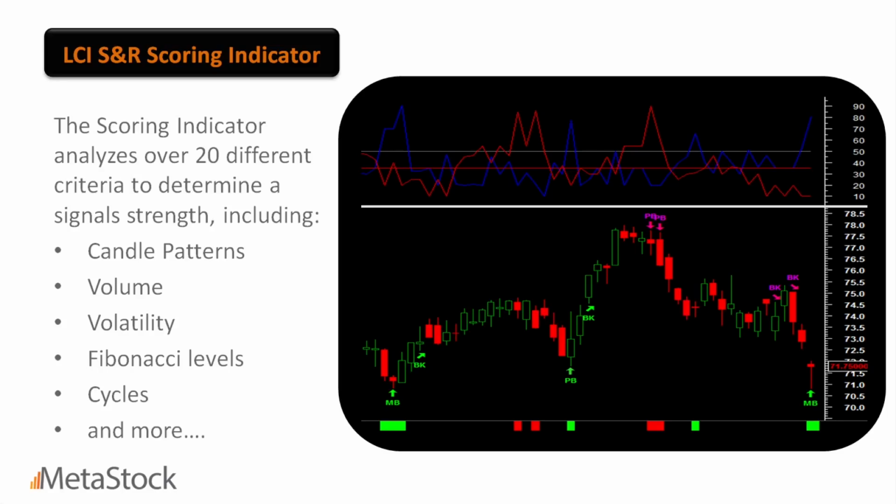Now, the scoring indicators, like the indicators we've already talked about, take into consideration candlestick patterns, and it utilizes about 5 or 6 of the most important reversal patterns that I've found in my trading career. It takes into consideration multiple aspects of our volume indicator and volatility. It's calculating the Fibonacci levels automatically to give us a confirmation on which Fibonacci levels are stronger, and cycles, and much, much more.